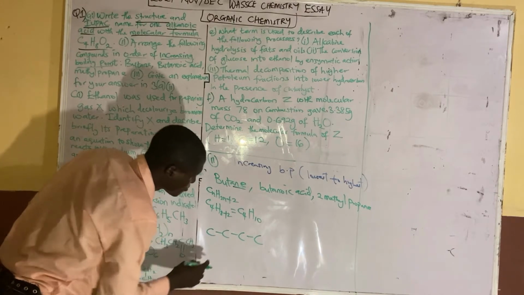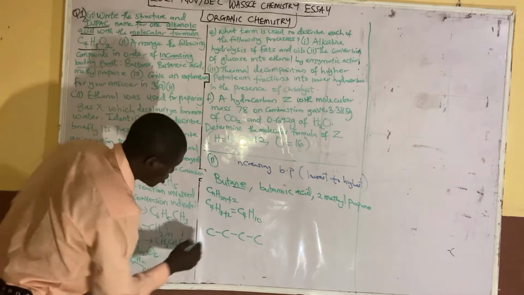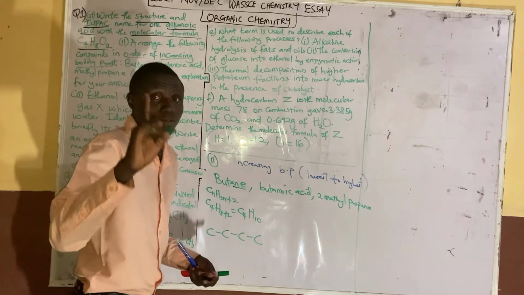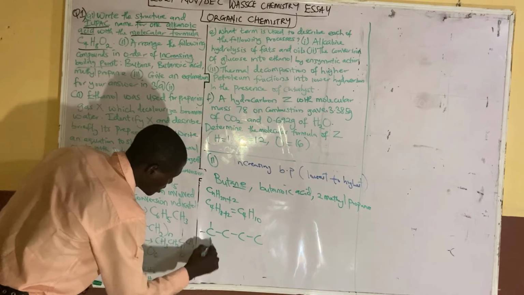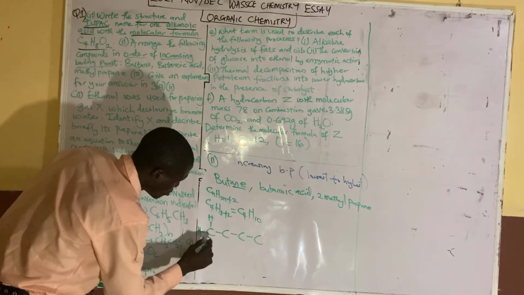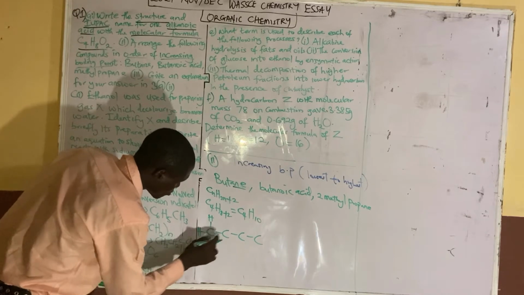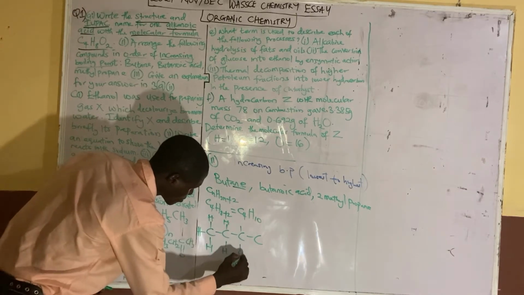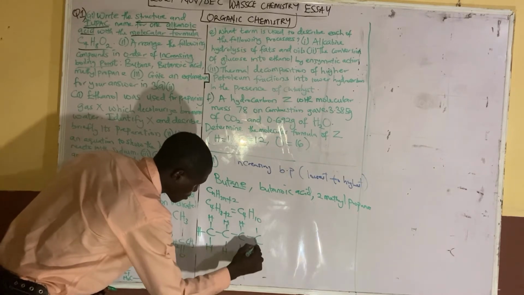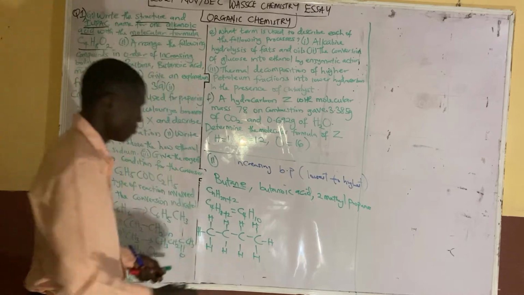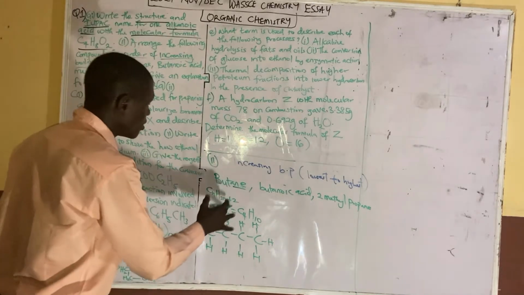It has 10 hydrogens. We know that each carbon must carry 4 bonds, so we put the hydrogens on. So this is the structure of butane.